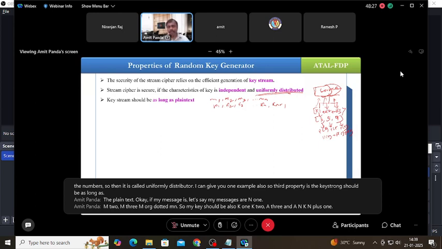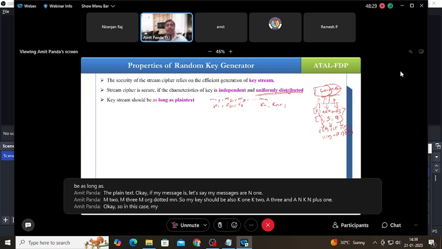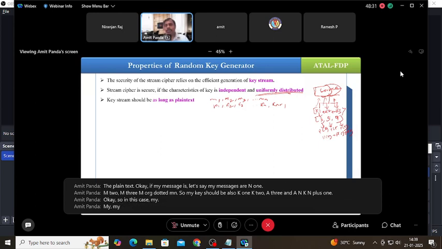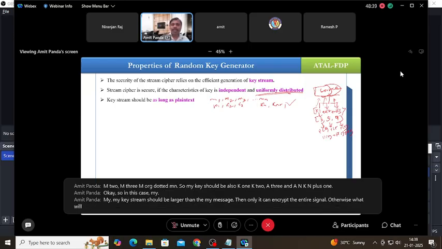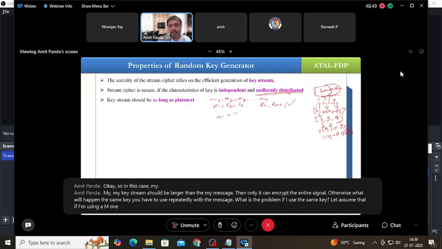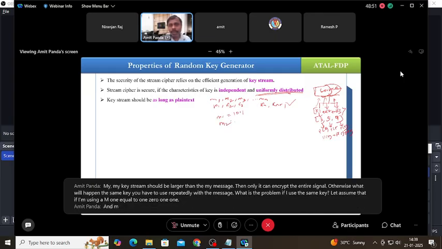So my key stream should be larger than my message. Only then can it encrypt the entire signal. Otherwise, the same key has to be used repeatedly with the message. What is the problem if I use the same key? Let's assume I am using M1 equal to 1011 and M2 equal to 0000.